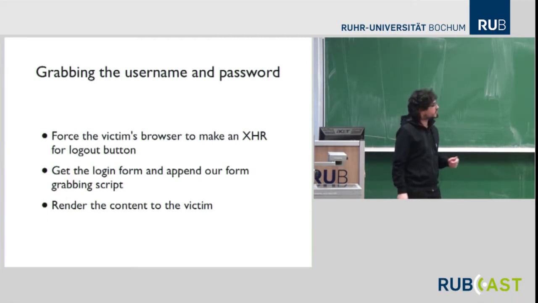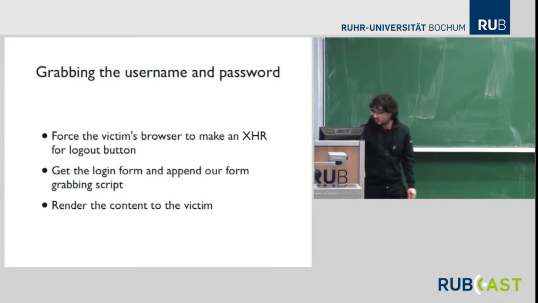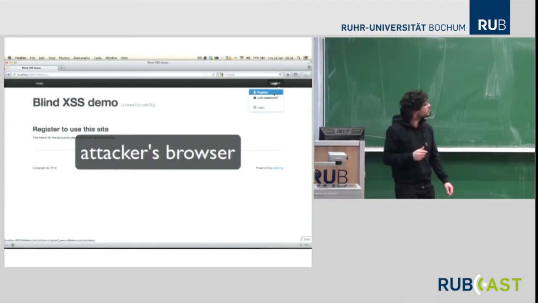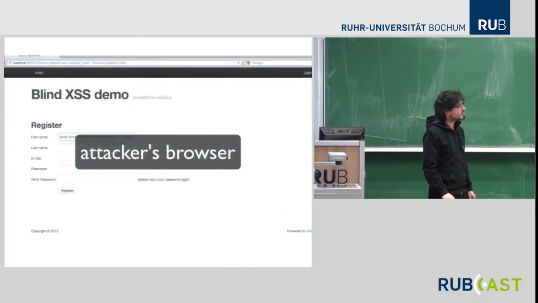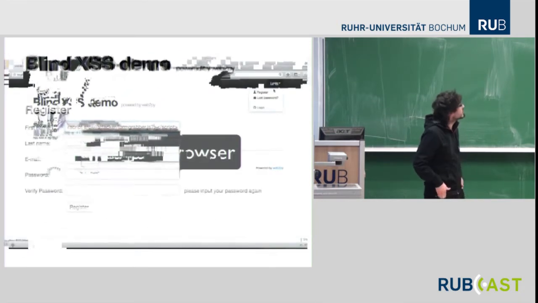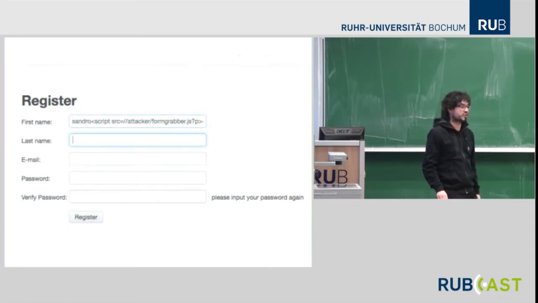So one of the demos that I'm going to show now is how you can use the administrator's logged-in web browser to first log out, then get the login page and display it to them while grabbing their username and password. So we have the attacker, and this time in the name, the attacker uses formgrabber.js instead of screenshot.js.